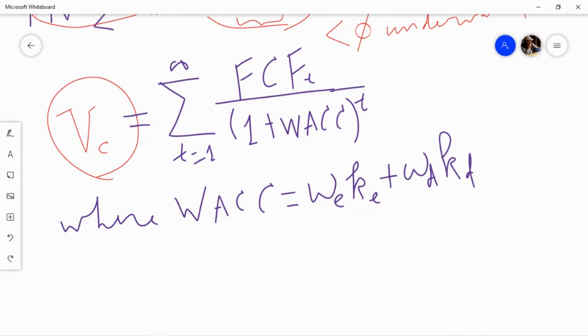In other words, what's going on? The required return, cost of equity, which is the required return, right?